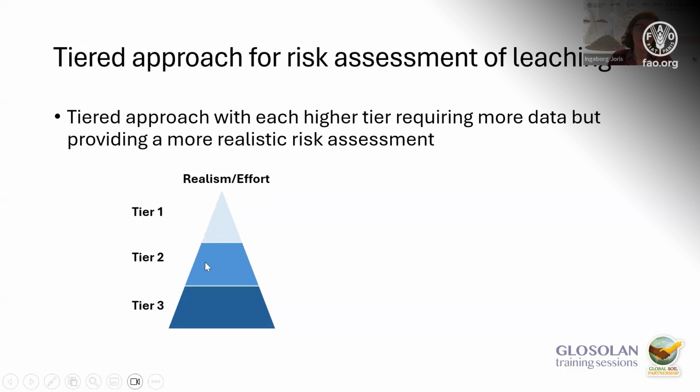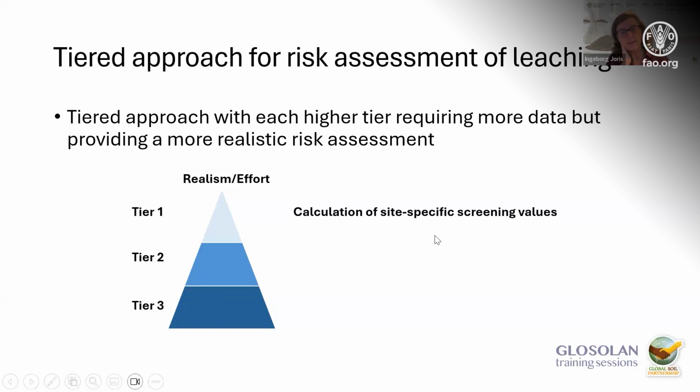If you have a little bit more time, a little bit more data, you can do a tier 2 assessment. There you get a more realistic risk assessment, but it takes a bit more effort. And if you go for a full impact assessment, that takes more effort, but it gives you an even more realistic approach. How does it look for our risk assessment?